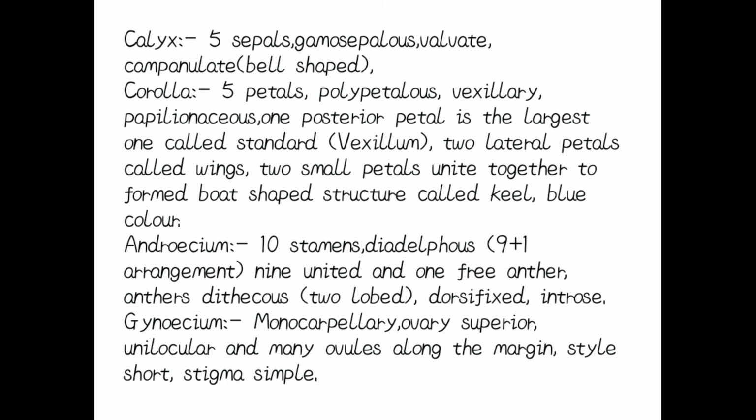It shows 5 petals and they vary in size and shape. The one outermost petal is vexillary, that is, it is the large one and it is called a vexillum or standard.